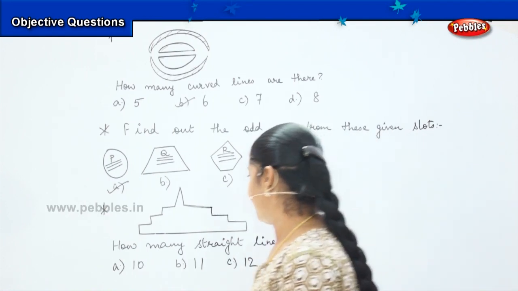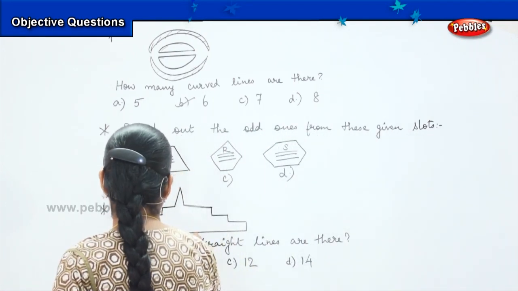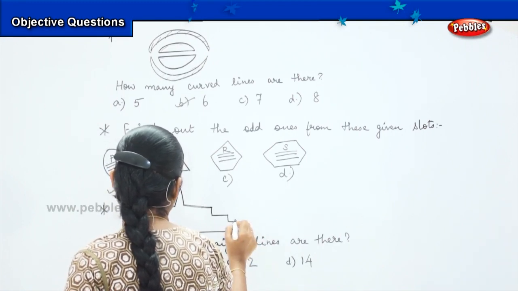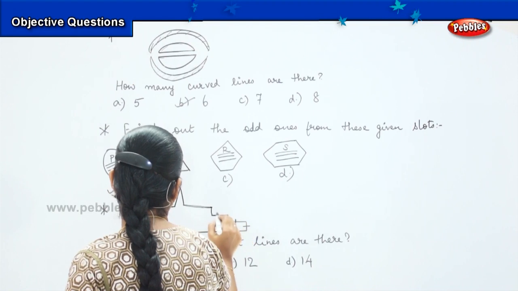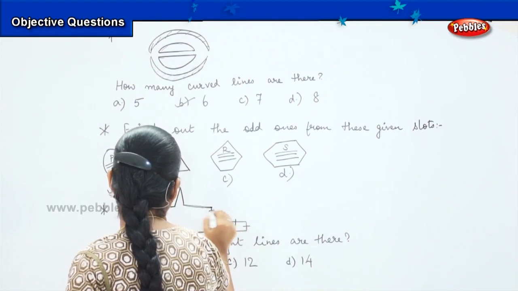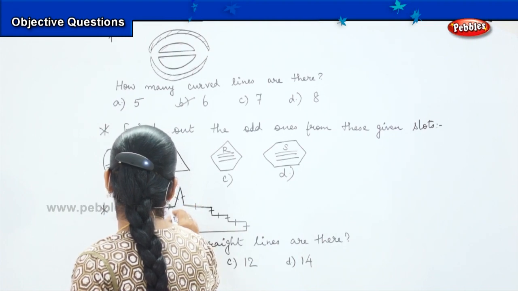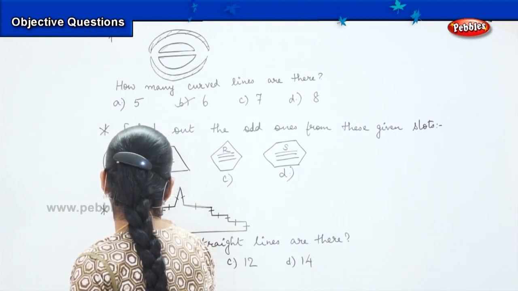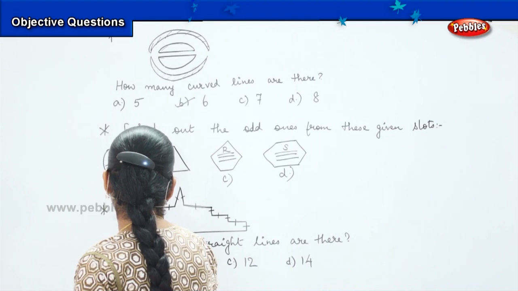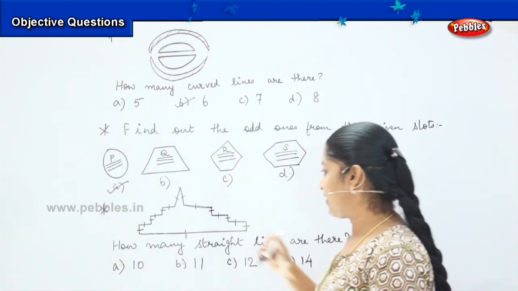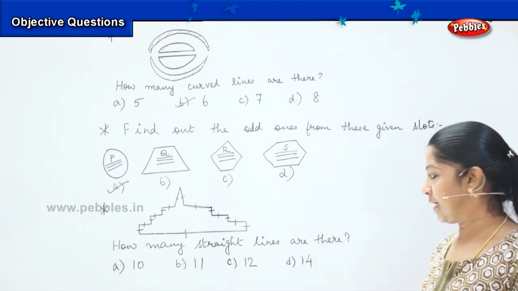Shall we count again? Okay. We'll just mark it. Okay? 1, 2, 3, 4, 5, 6, 7, 8, 9, 10, 11, 12, 13, 14 and 15. So it's 15. It's not 14.